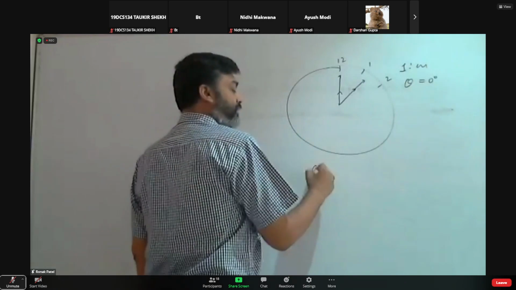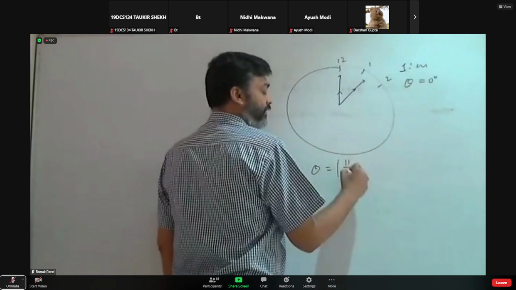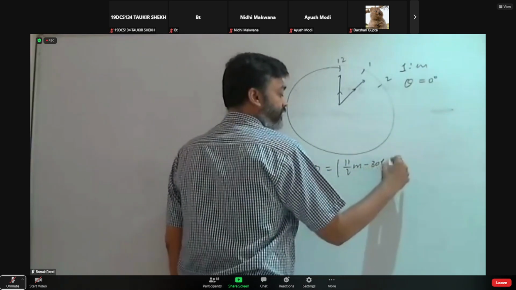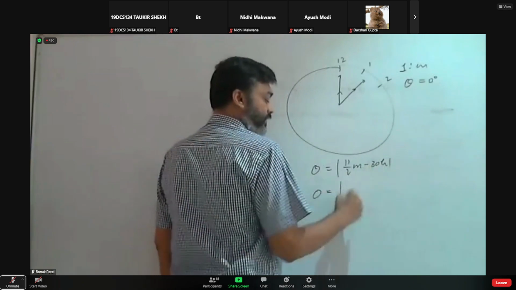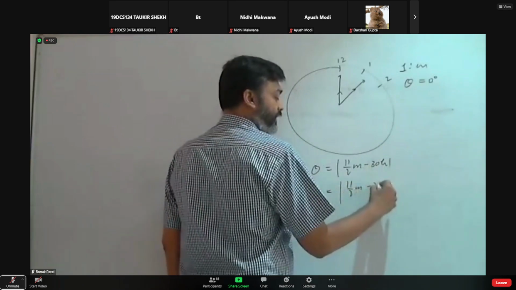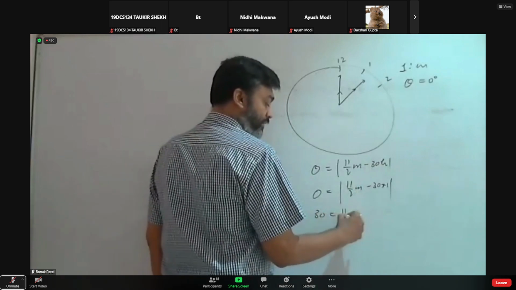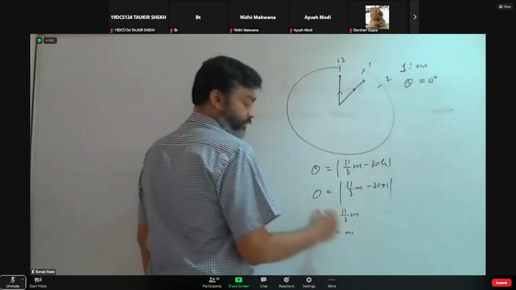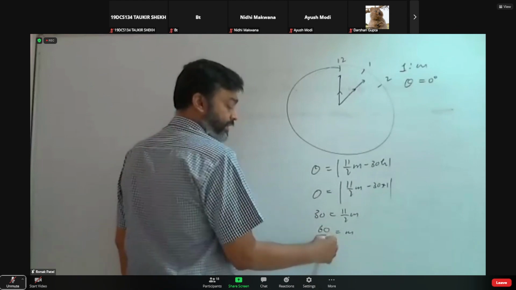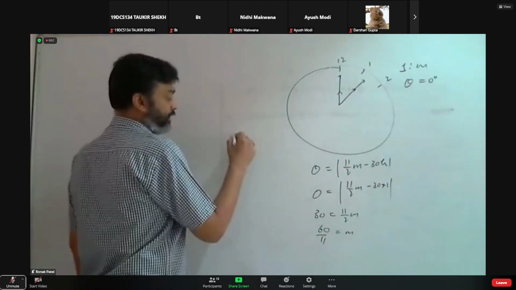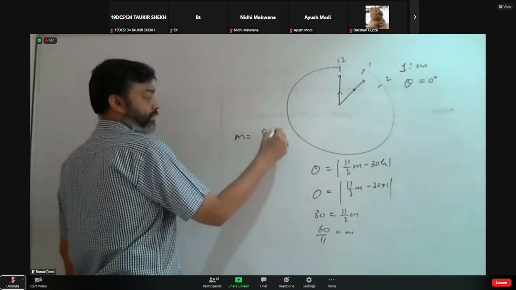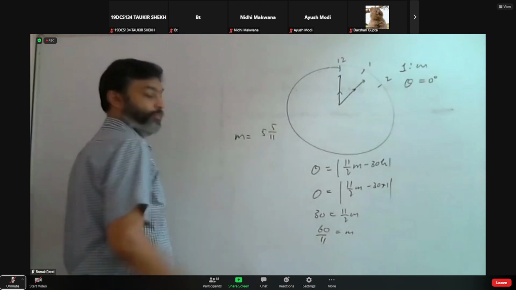So I use that same equation, theta is equal to 11 by 2 m minus 30h. This theta is 0, 11 by 2 m we don't know, and 30 into h, h is 1. So the answer is 30 equal to 11 by 2 m. So m equal to 60 by 11, and m equal to 5 by 11 after 5 minutes.